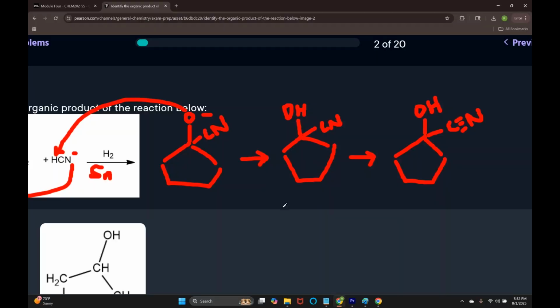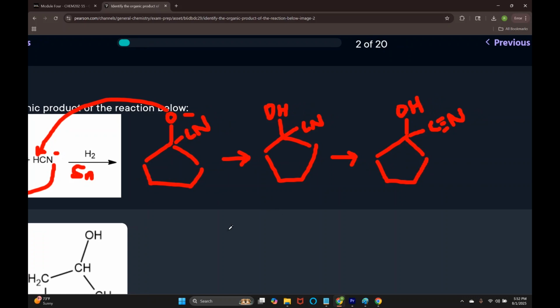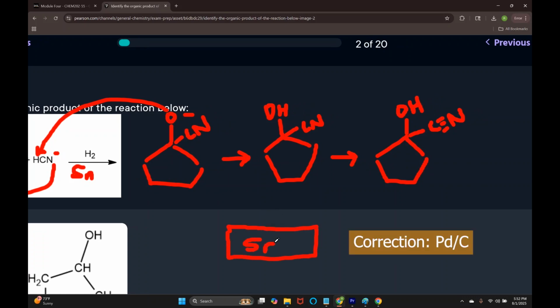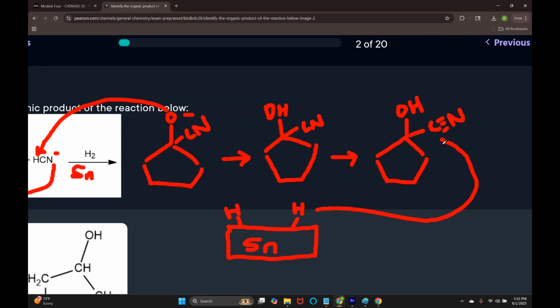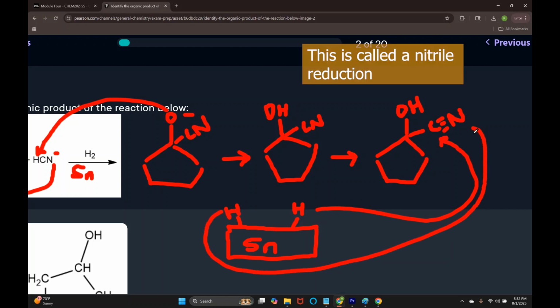Then what we can do, and similar to what Dr. Kerr went over in our last semester, is let's say we have a metal. In a simplified explanation, it separates our hydrogens, making them both available. So our H2 becomes separated. Now, this is interesting because what can happen here is that it can reduce our carbon and it could also reduce our nitrogen.